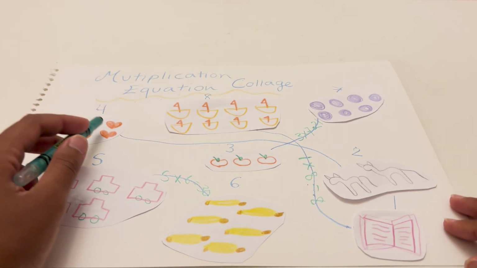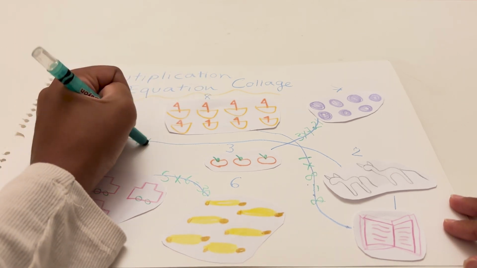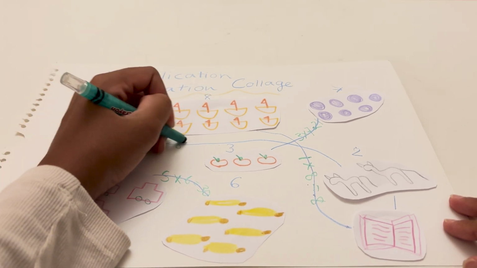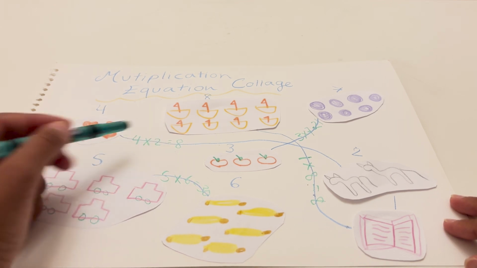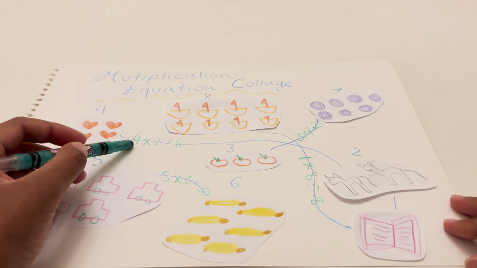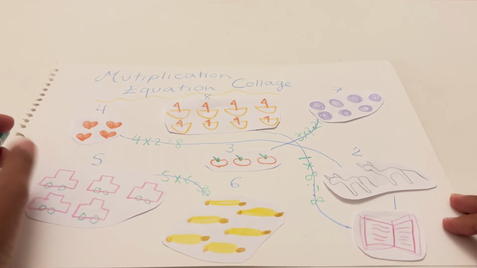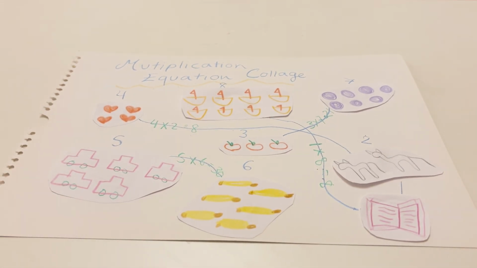Now lastly, for my 4 times 2. 4 times 2 equals 8. And we can say that 8 is 4 times as many as 2 or 2 times as many as 4. And that's my multiplicative comparison. And now for the last part of your activity, just go over all of your equations and make sure that you've completed the multiplications correctly. And then you can read out your multiplications with your multiplicative comparisons to a friend.